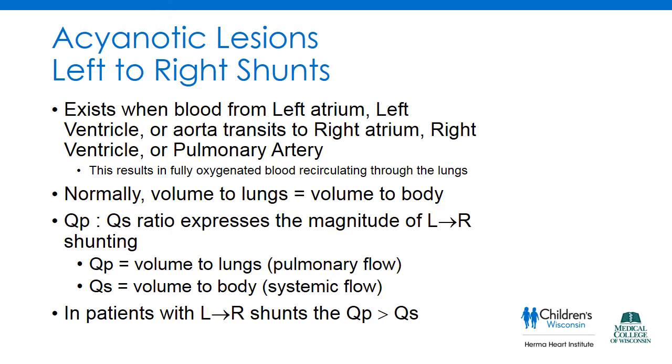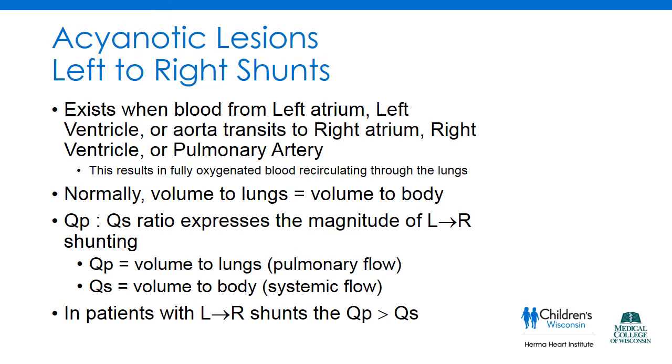Normally, the volume to the lungs should equal the volume to the body. A lot of times we express this as the ratio of QP to QS, where QP is the volume to the lungs, or pulmonary flow, and QS is the volume to the body, or systemic flow. The QP to QS ratio expresses the magnitude of that left to right shunt.